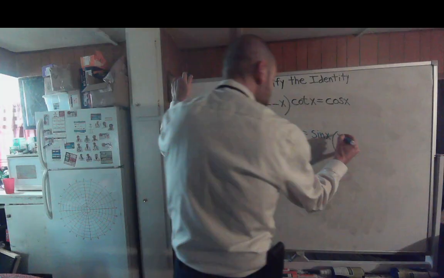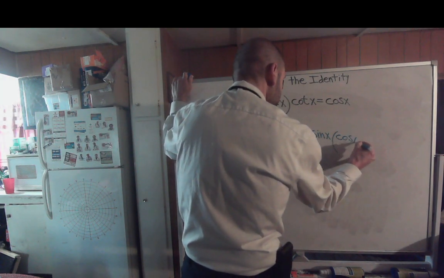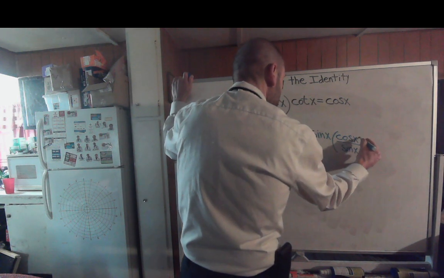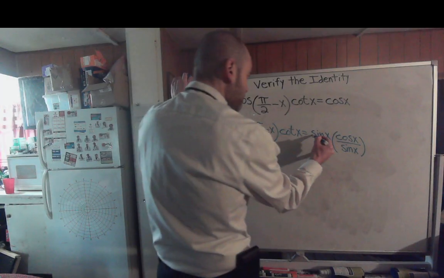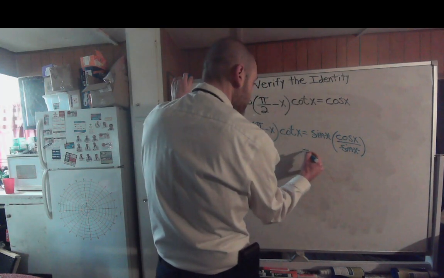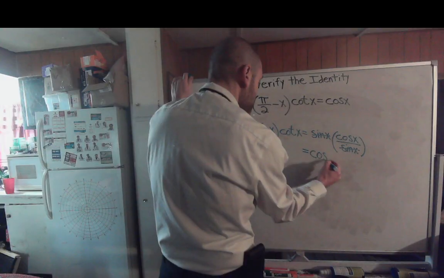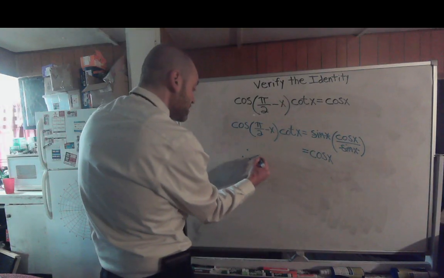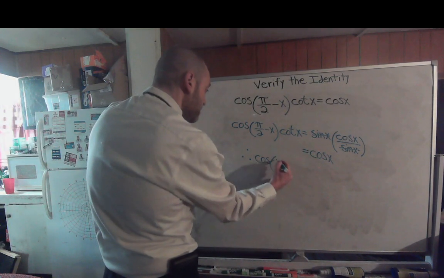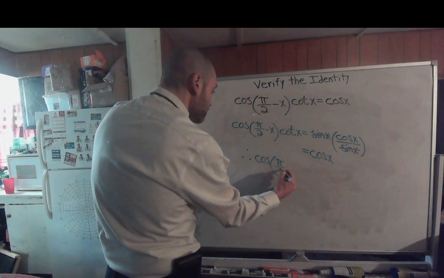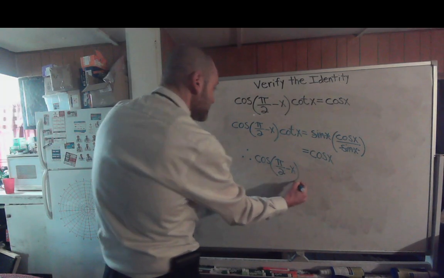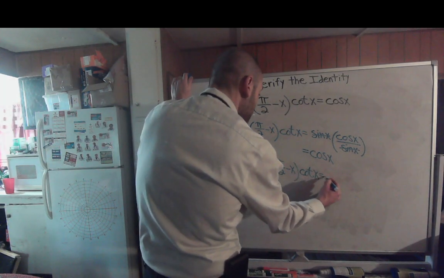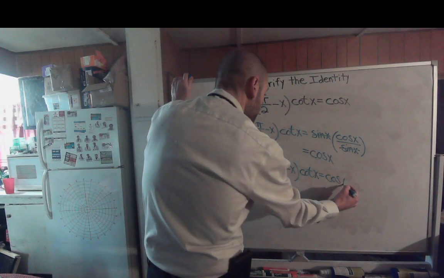Well, that's your cosine of x divided by the sine of x. Well, the sine of x's will cancel out and you'll be left with the cosine of x. Therefore, the cosine of pi over 2 minus x times the cotangent of x equals the cosine of x.